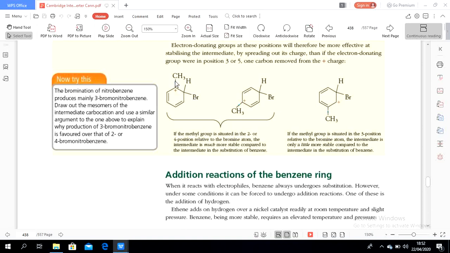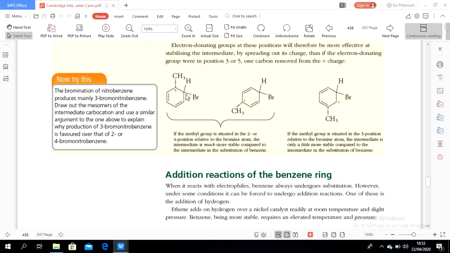As you can see here, there is a blue arrow. Blue arrow means there is a positive inductive effect. This one, from the CH3, gives a positive inductive effect to the positive charge.